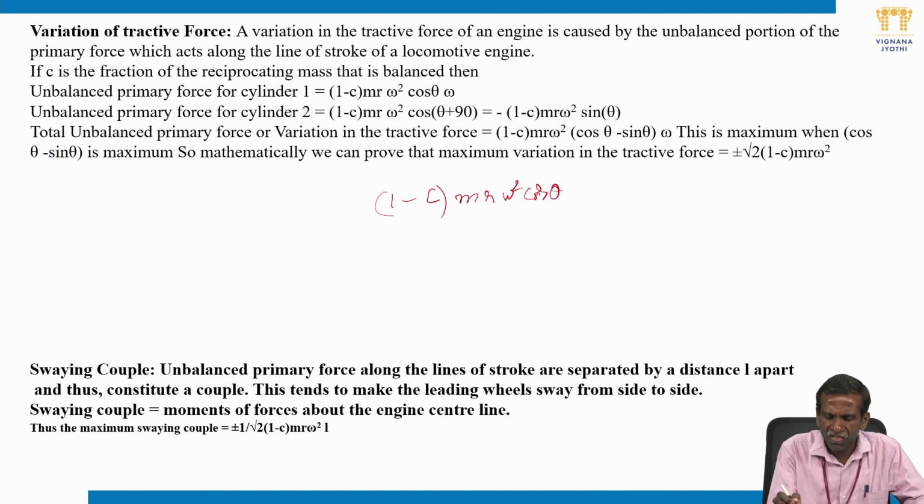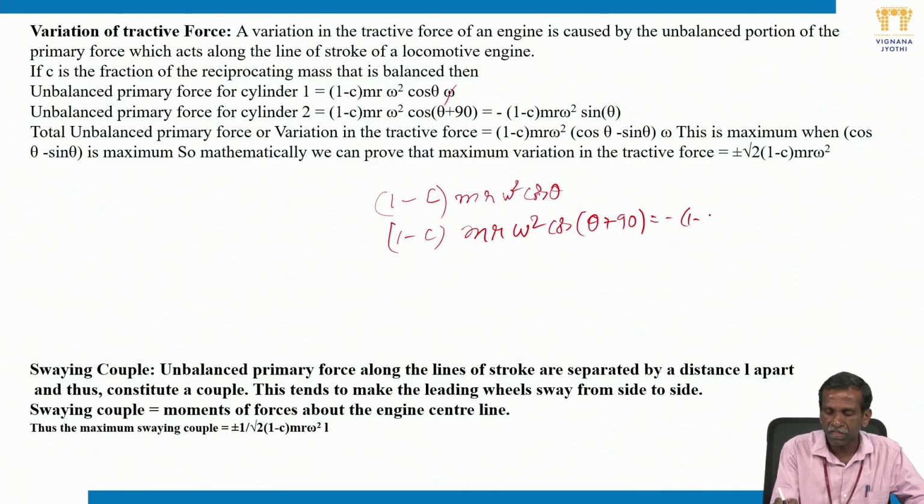Then the unbalanced primary force for cylinder 2: instead of theta, that crank is placed at theta plus 90, so (1 minus c) m r omega square cos (theta plus 90). So this becomes minus (1 minus c) m r omega square sin theta.